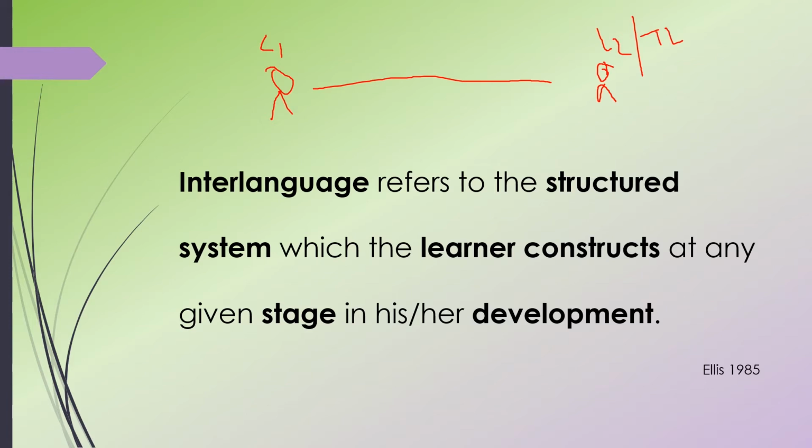So that is your target, that's where you will go. So your level of language is in here and you want to be there. So here is L1, here is L2.